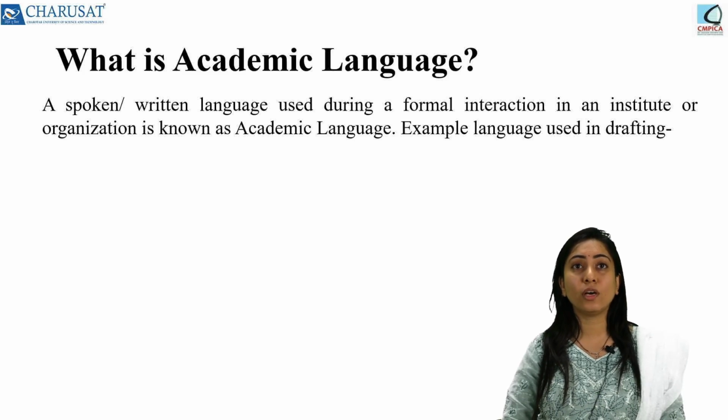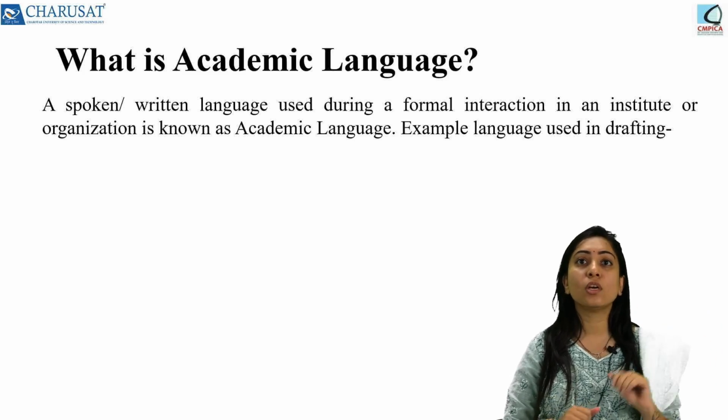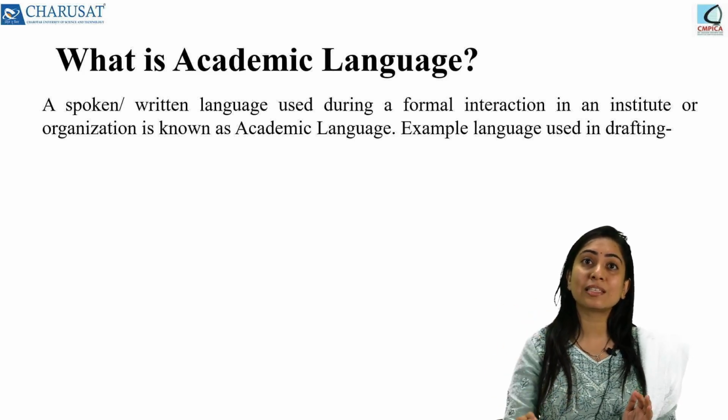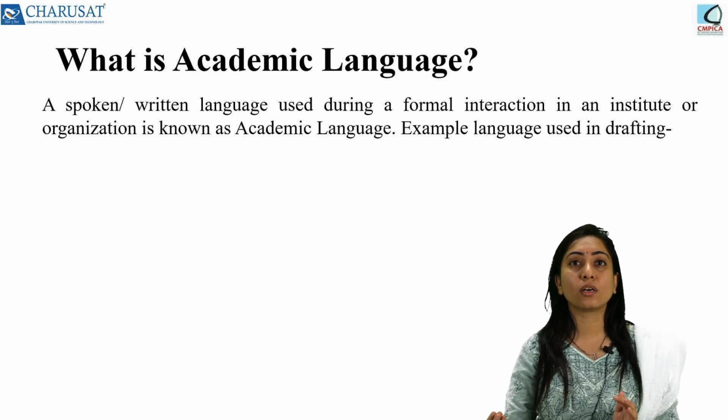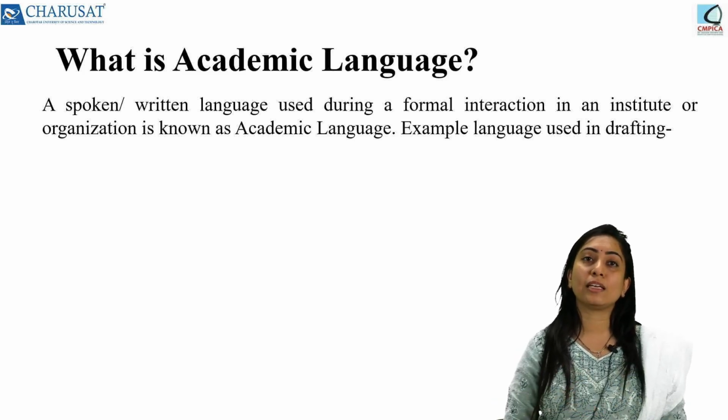So therefore it is important for us to understand that it is not a whole different language, but English used in a different variety, especially used inside institutes or organizations for professional means, would be your academic language.